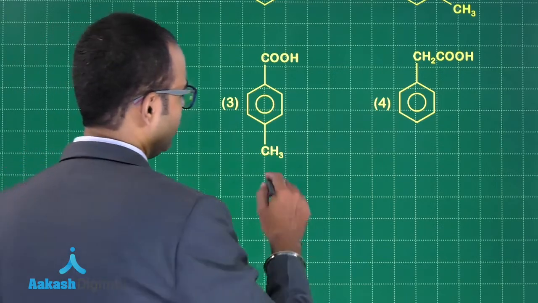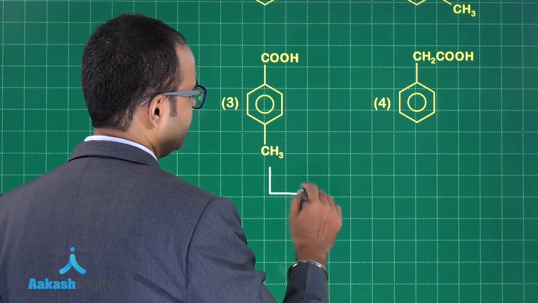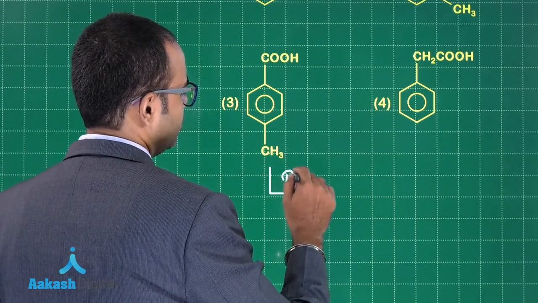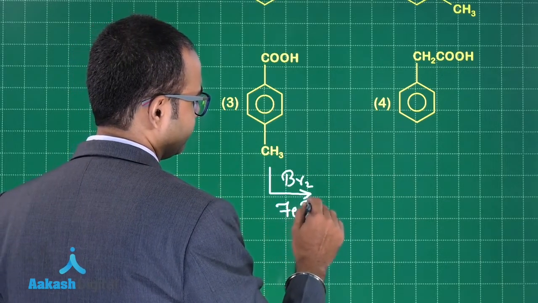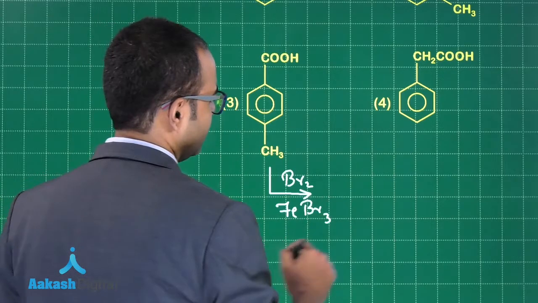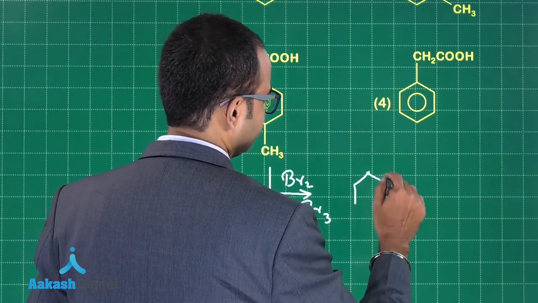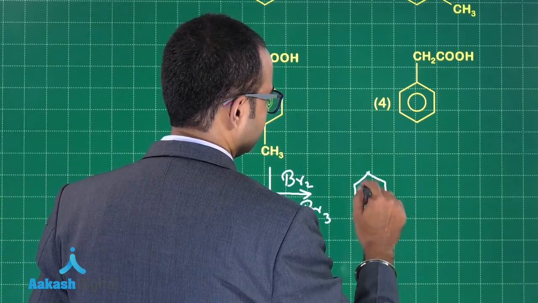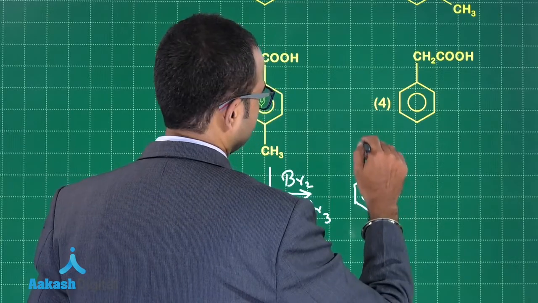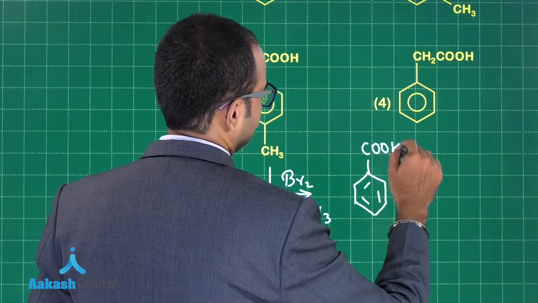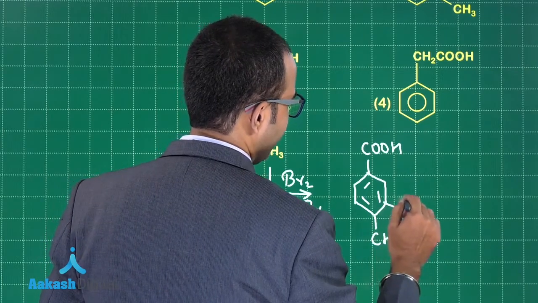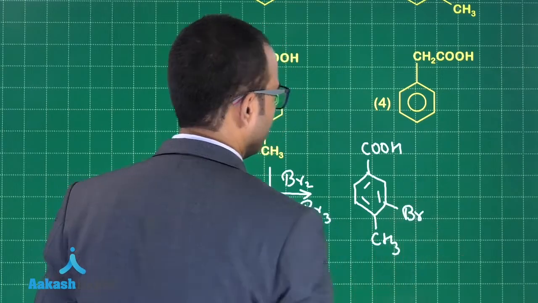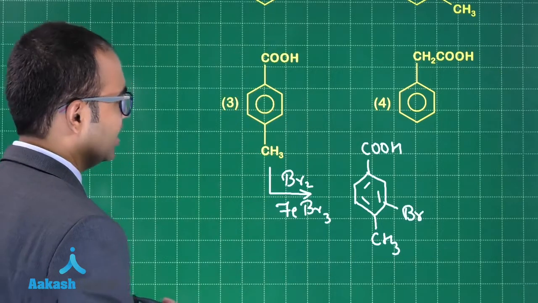So I carry out bromination of this. This will give you COOH, CH3, and at the ortho position of CH3 you will have a Br.